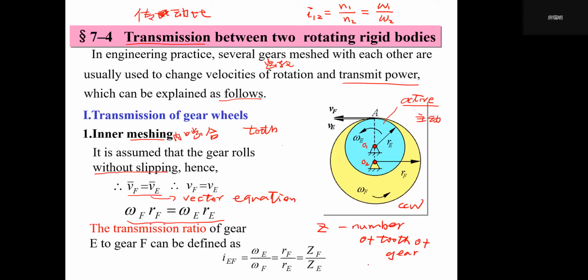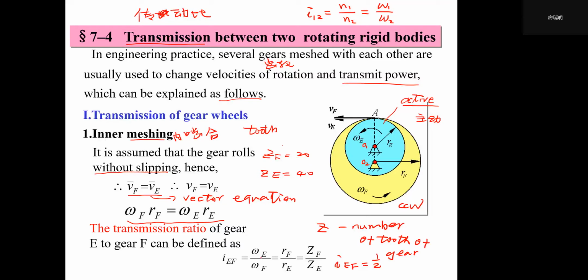So when we have a gear, its number of teeth will be a constant number, also should be an integer, right? So let's say if ZF equals maybe 40, then ZE equals 20, then we will find actually IEF will equal half, right? 20 over 40 will be half.